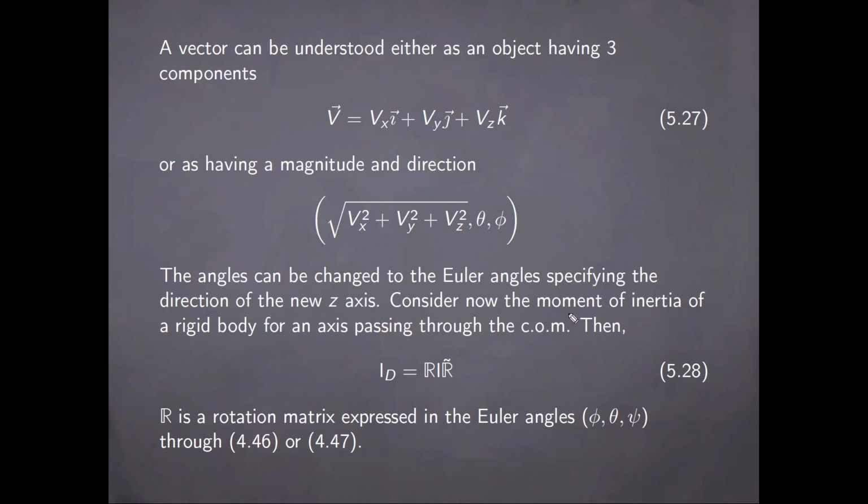If we consider now the moment of inertia of a rigid body for an axis passing through the center of mass, then it is clear that there should exist a transformation which brings it to diagonal form, where R is the rotation matrix expressed in the Euler angles, either through equations 446 or 447, which we discussed in the previous chapter.